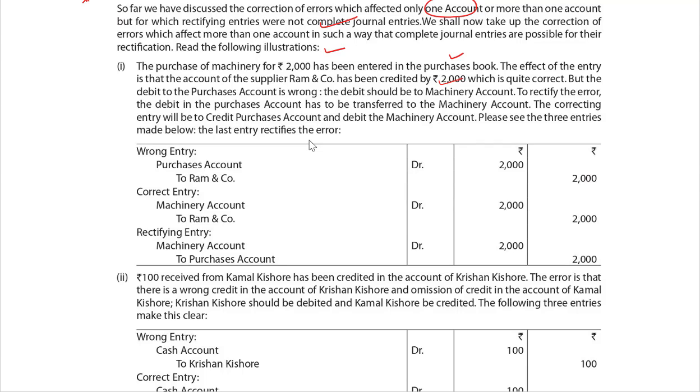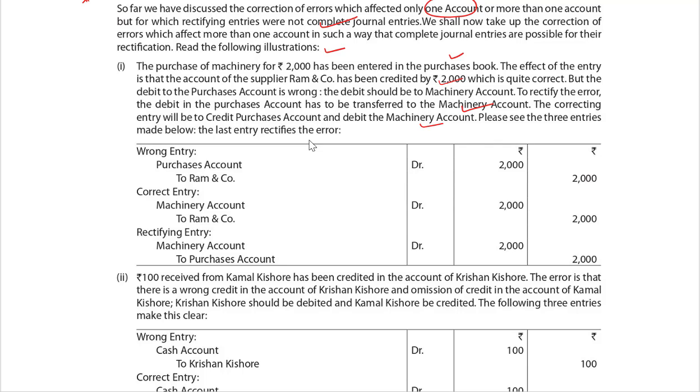But the debit of purchase account is wrong. The debit should be machinery account instead of purchase account. How will we rectify that? To rectify this error, the debit of purchase account has been transferred to machinery account, and the correcting entry will be credit purchase account and debit machinery account.